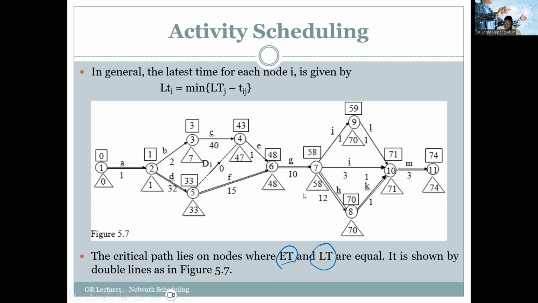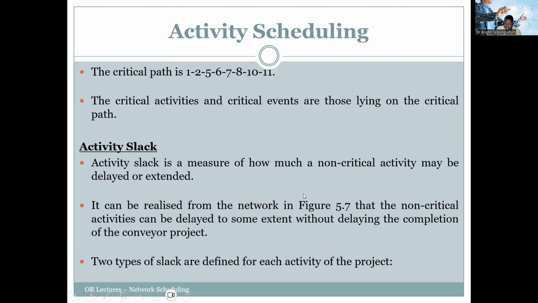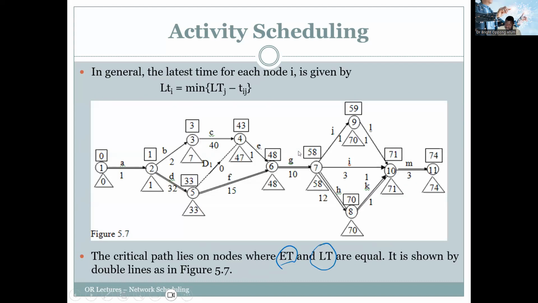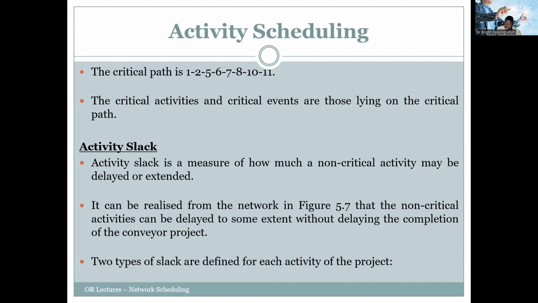All right. So the critical path is node 1 to 2, 5, 6, 7, 8, 10, and 11. So the critical activities and critical events are those lying on the critical path. Right.